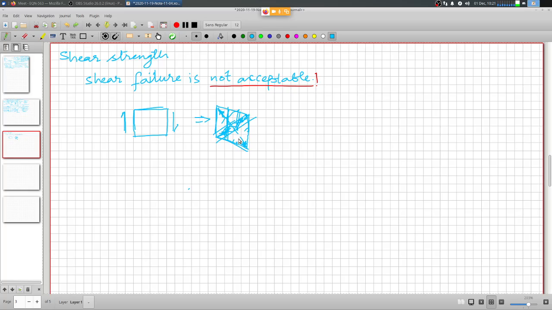And therefore, if you recall the detailing of reinforced concrete sections, sometimes, although this practice is discouraged these days, in earlier times it was a very common practice because it used to lead to a significant saving of steel.